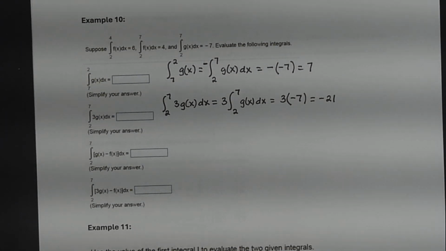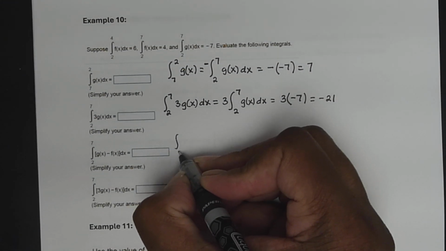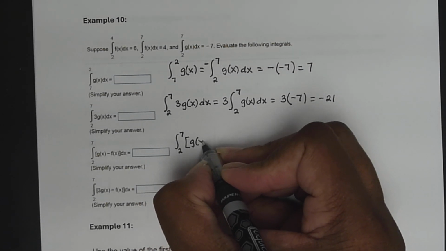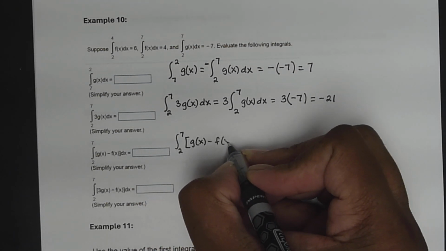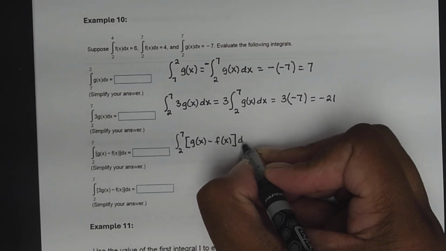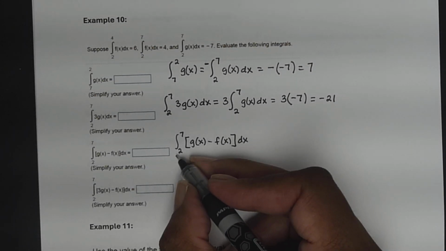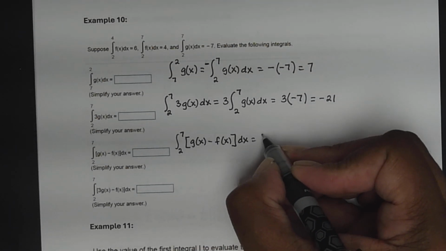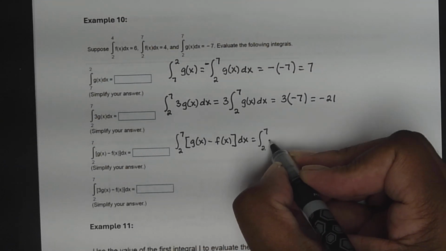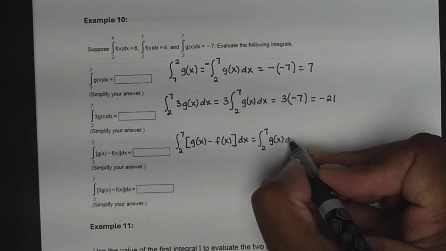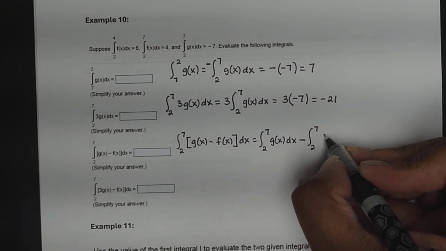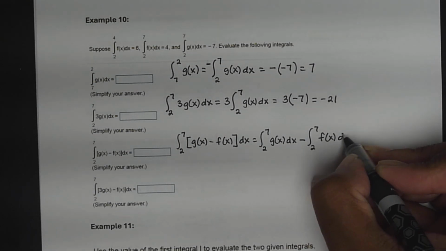And then the integral from 2 to 7 of g of x minus f of x dx. Well, I got the integral of the difference, I can write that as the difference of their individual integrals here. So this would be the integral from 2 to 7 of g of x dx minus the integral from 2 to 7 of f of x dx.